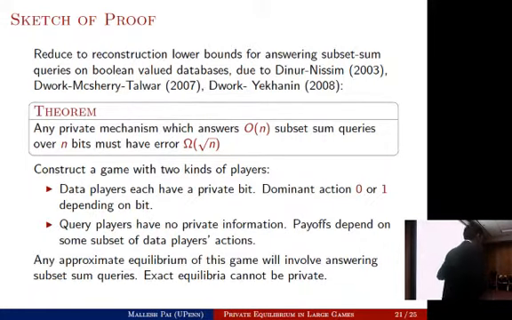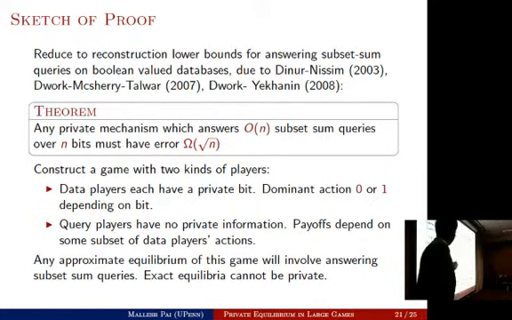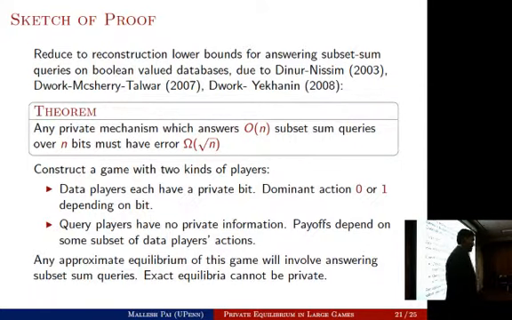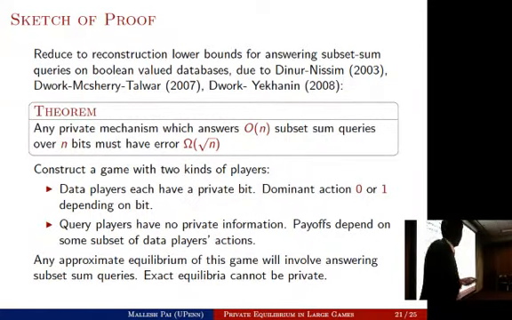Roughly speaking, the result of these papers says: give me any private mechanism which answers order n subset sum queries, so given a database of size n, it's answering order n subset sum queries, it must have error of order square root n.